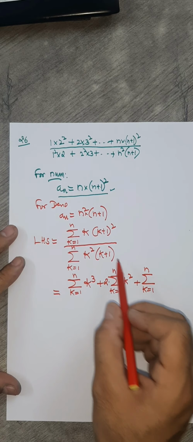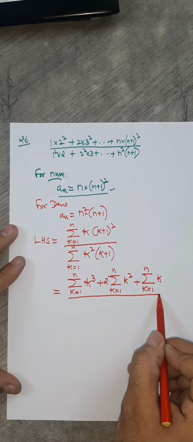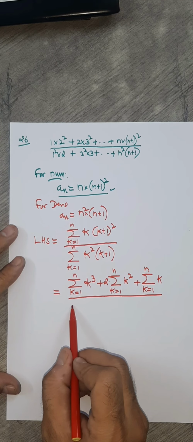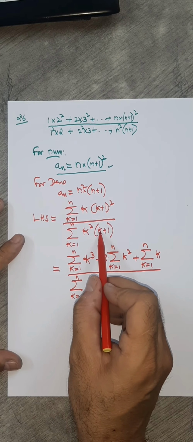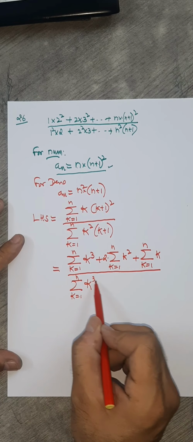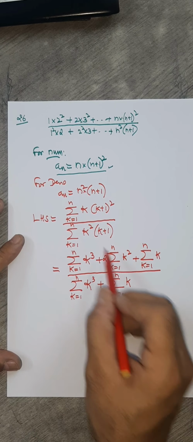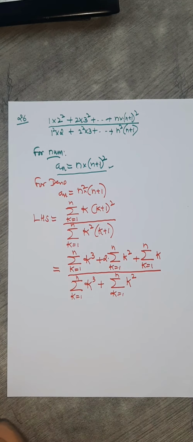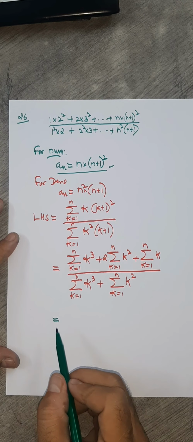What about the denominator? Sigma k runs from 1 to n, k square into (k plus 1), which is k cube plus sigma k square. Now everywhere you are going to put the expressions. All are standard expressions. And then finally you will simplify, so you must get that required ratio.